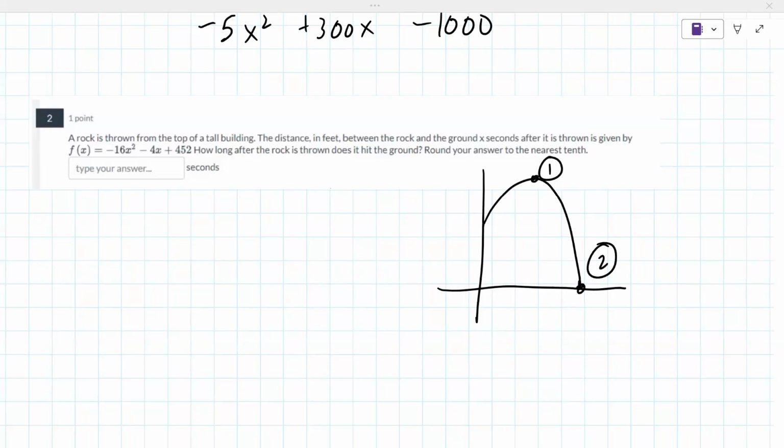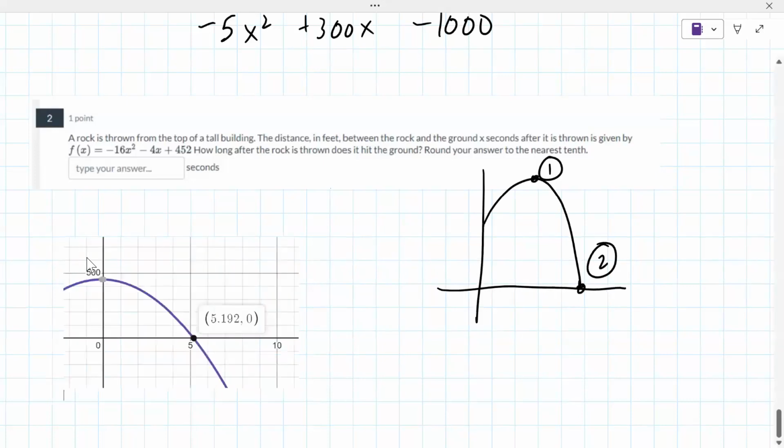I got 22.6. Did you also get that? I did not. How did you graph it? Oh wait, I forgot to square it. Oh my god. So I've got 5.2 seconds. Oh yeah. Okay. 5.2.